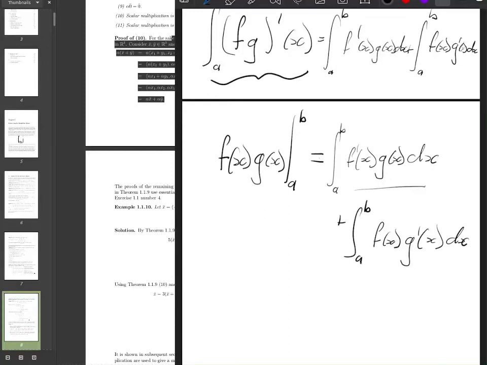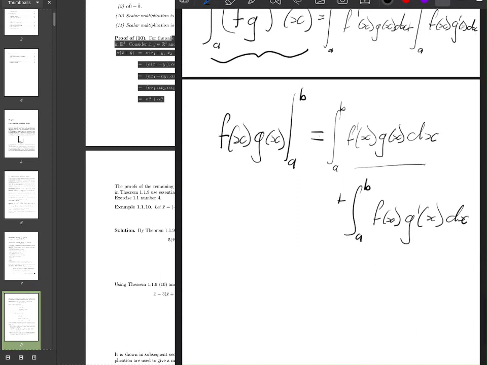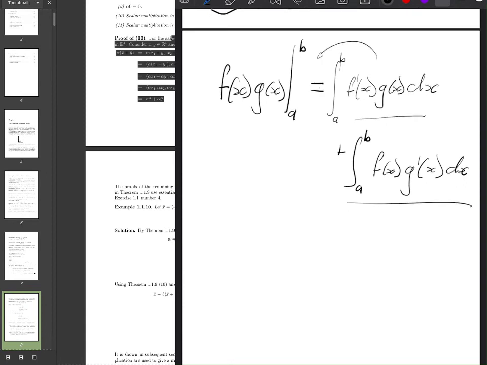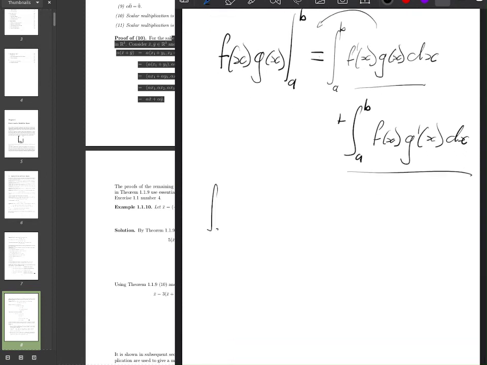So if we take this equation and just take this term to the other side, I'm going to start with the term, the integral from a to b of f of x g prime of x dx.